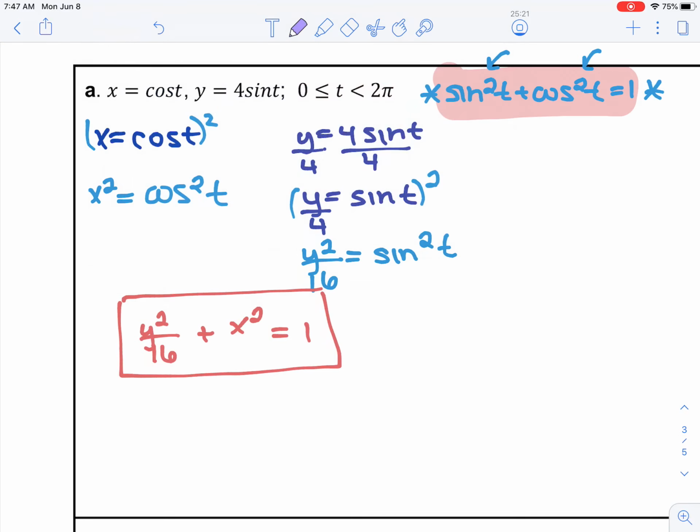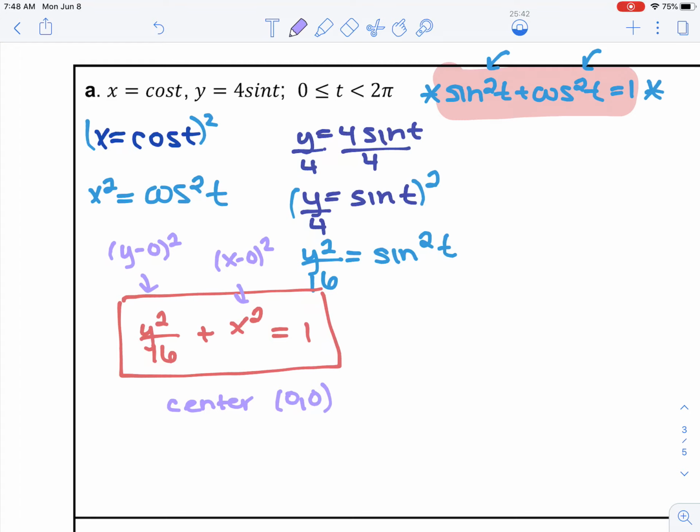In this case, we have a center at 0, 0. That's coming from the fact that this is the quantity y minus 0 squared, and this is the quantity x minus 0 squared. So that's where our center is coming from.